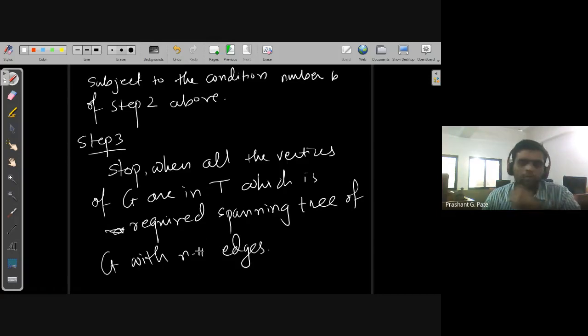So whatever the number of vertices is there, that minus 1 is the number of edges in the tree that we have already discussed. So these are the steps we need to follow.